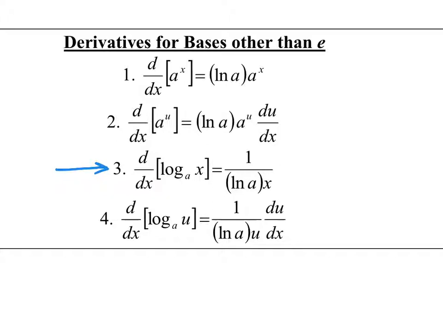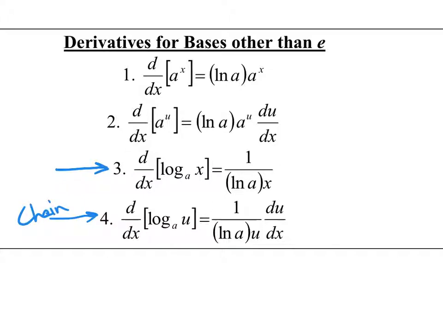If you have the derivative of log base a of x, it's going to be 1 over ln of a times x. And here, this is the same thing as number 3 with the chain rule.